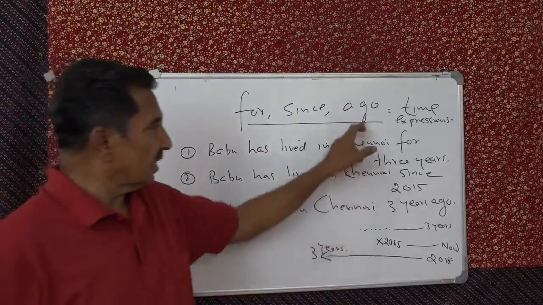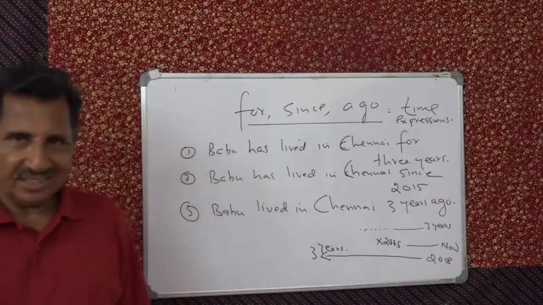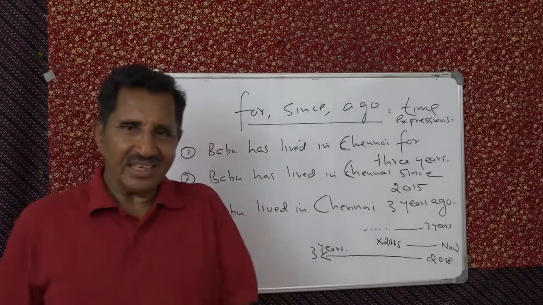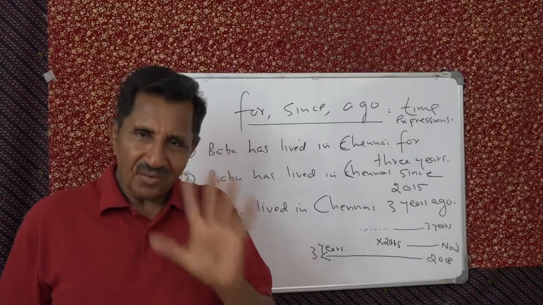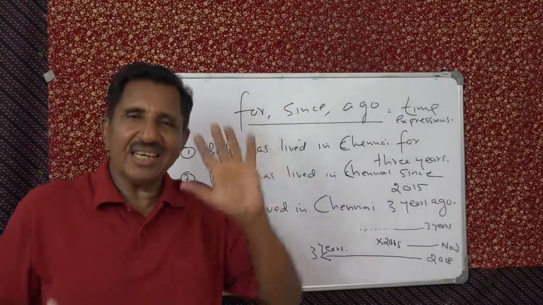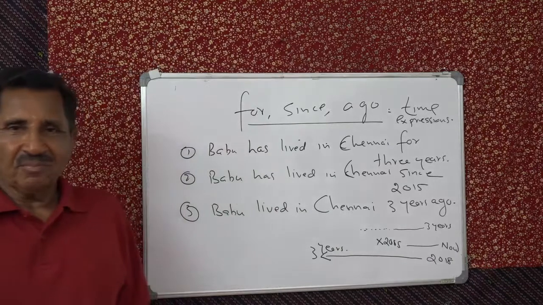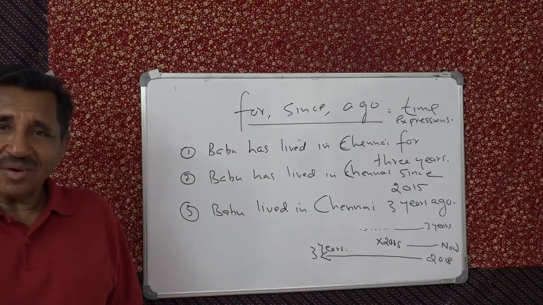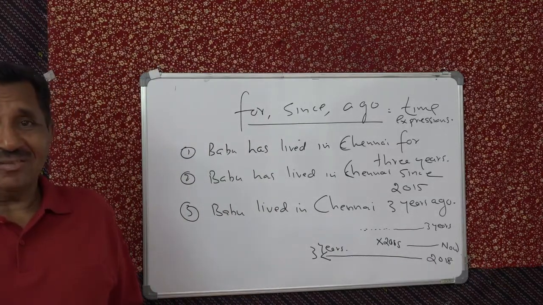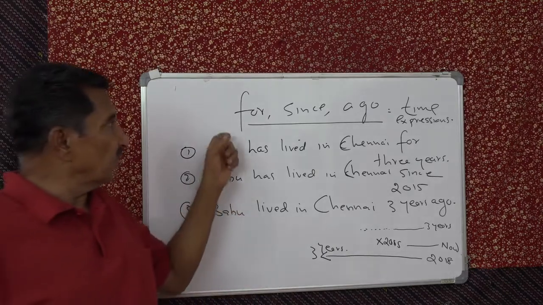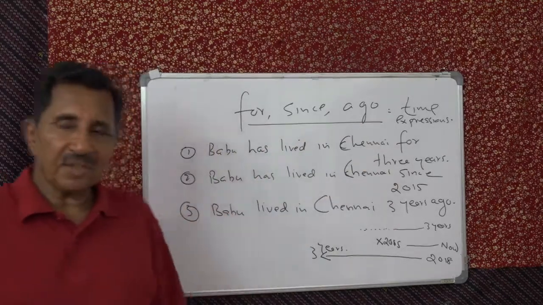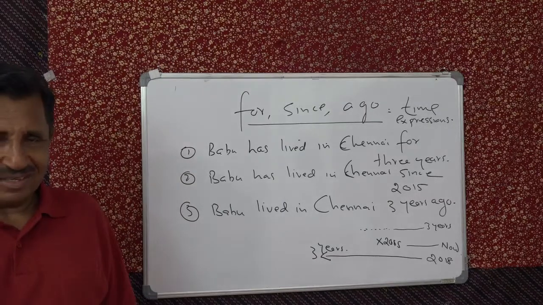Now all three sentences tell us that Babu lived in Chennai for 3 years. 3 years he spent. How differently can we express this by using these three time expressions? Understand?